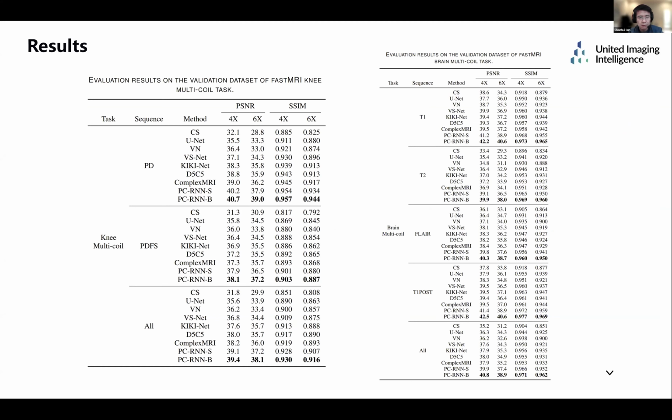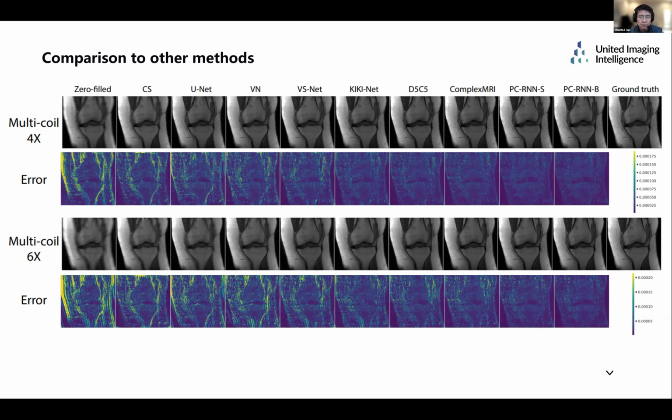We also compared our method to state-of-the-art reconstruction methods. Our proposed PCRN outperforms all those compared methods. Regarding the error map, we can also observe that our PCRN could recover more details than the compared methods.